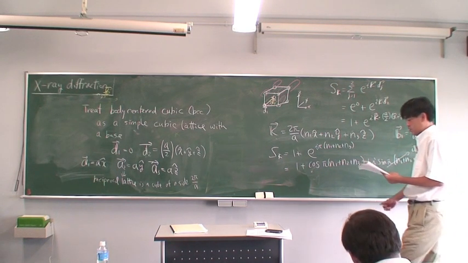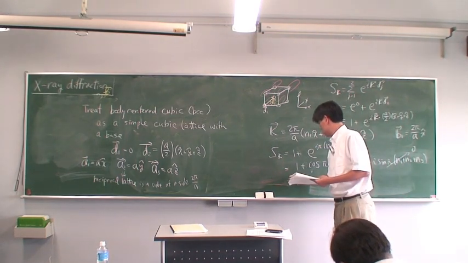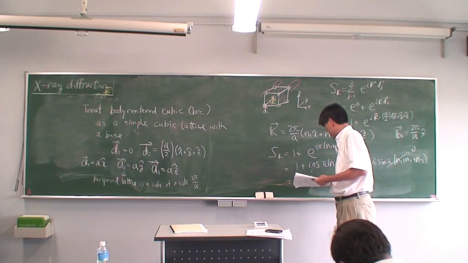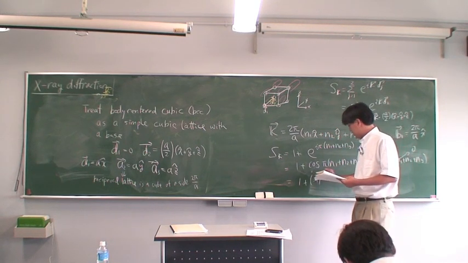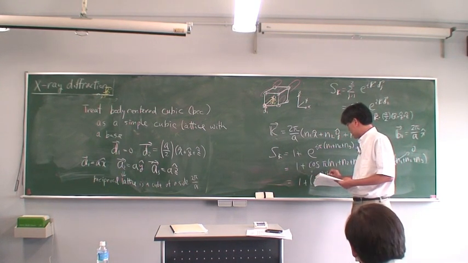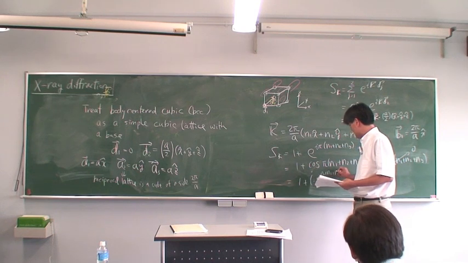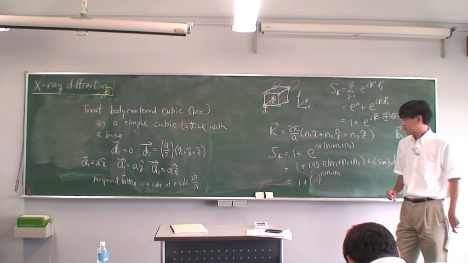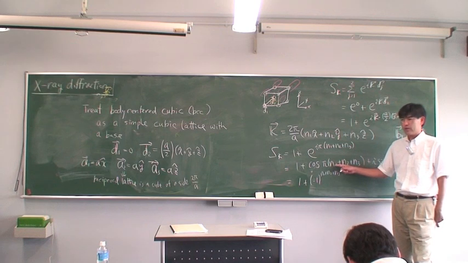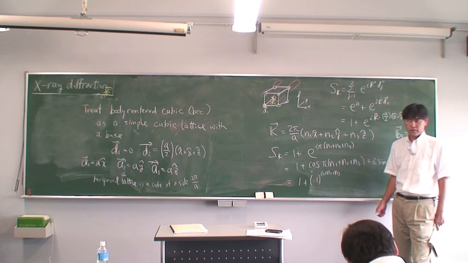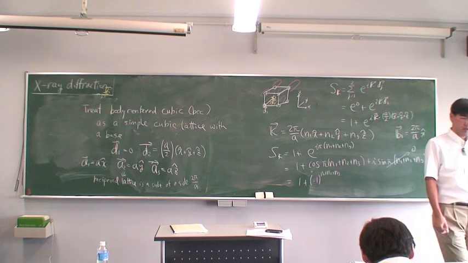So this, after all, is 1 plus (-1)^(N1 plus N2 plus N3). It's either 1 or minus 1 because these are integers.